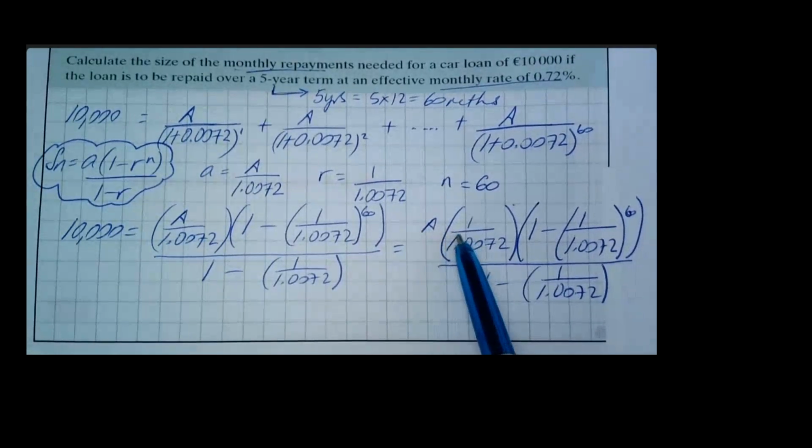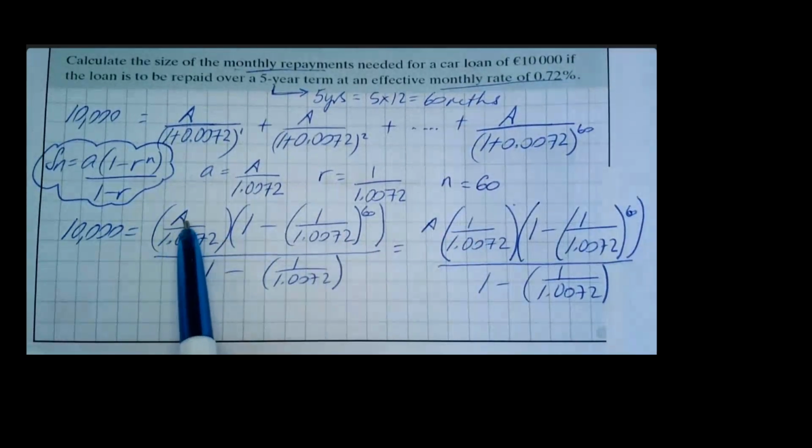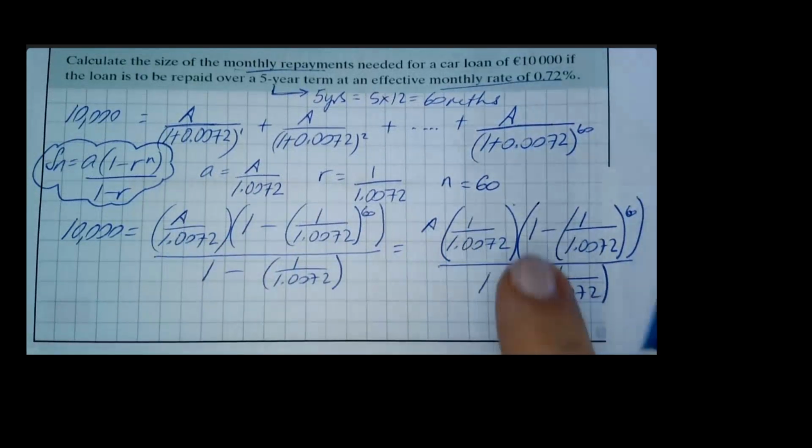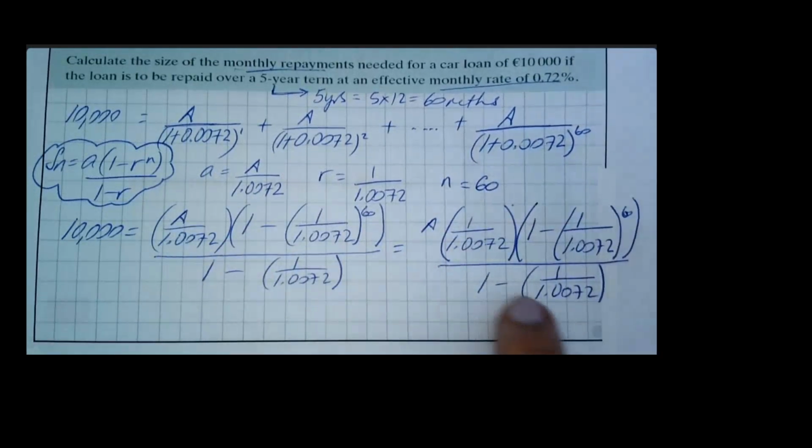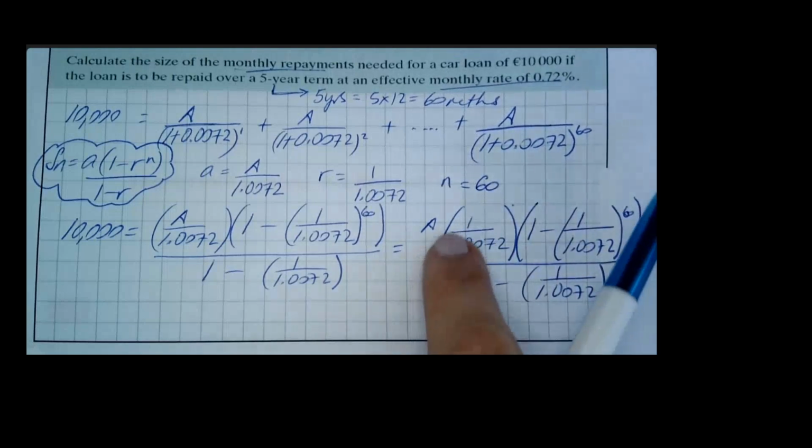And so you see, if you multiply in that A, you'd get it on top like that. So just whip it out. And you see now this is what I can put in on the calculator. All this number work I can put in on the calculator.